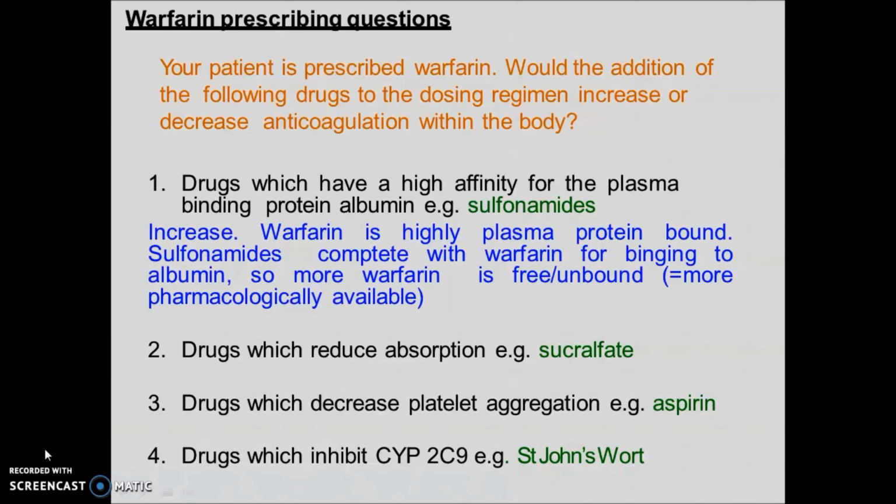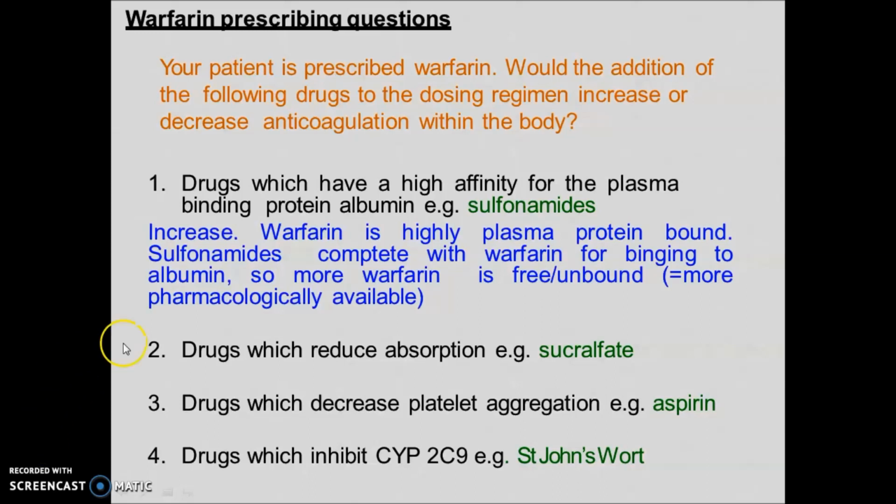So now a few warfarin prescribing questions. Imagine that you have prescribed your patient warfarin, and along with that the patient is taking other drugs or another therapy is ongoing. Then what will happen to the anticoagulation mechanism in the body is very important. So as I have told, I have jotted down four important questions. Please understand them, very important for your NEET and AIIMS exam.